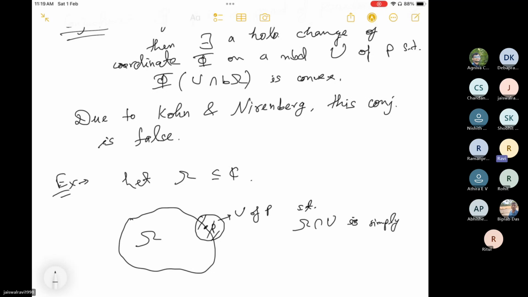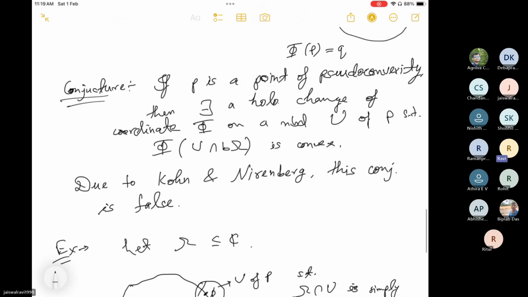If your domain is C2 smooth, then you can find a Riemann map phi such that this is biholomorphic to the unit disk D, and you are in good shape. So for a domain in C, this conjecture is true, I guess.